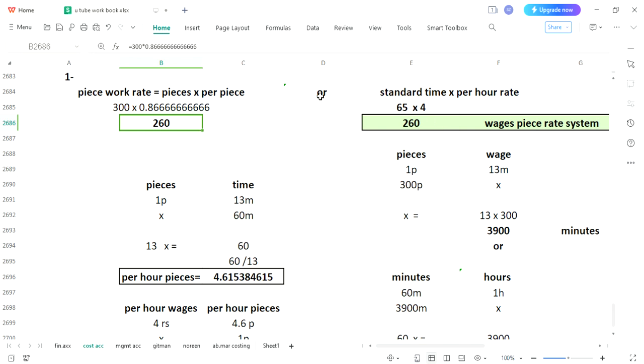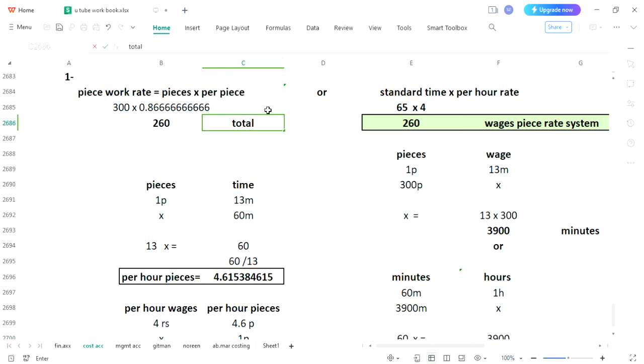So there were two methods with which you can calculate the piecework rate system, and I need you to have a comprehensive understanding of both methods. This is total wages under the piece rate system.